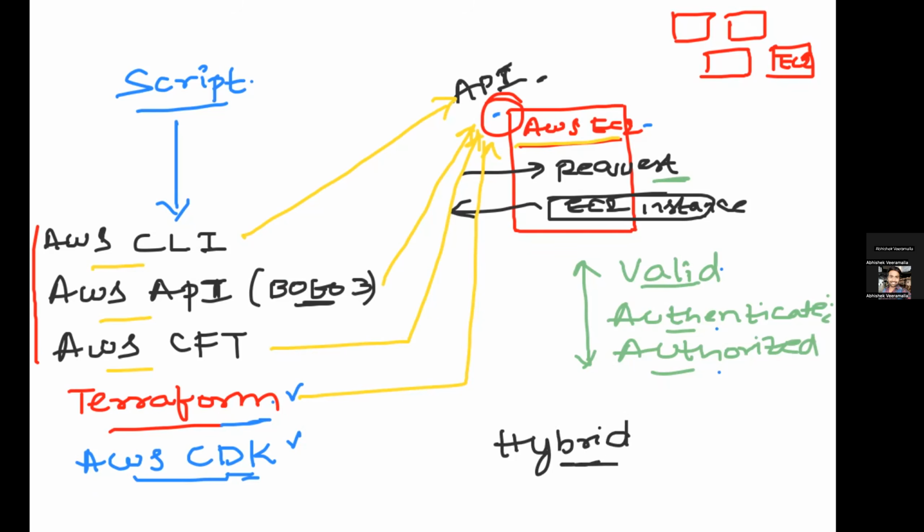Let's say Google Cloud Platform. Google Cloud Platform is very popular for its AI and ML stuff. If you're talking about machine learning or artificial intelligence, Google Cloud Platform leads, or is considered better than the others.